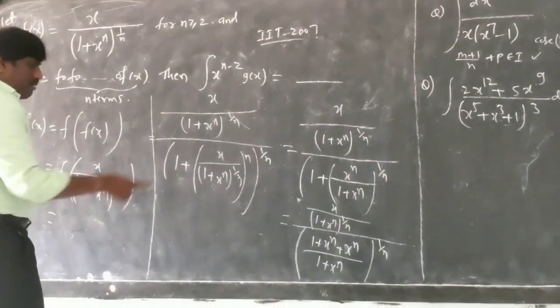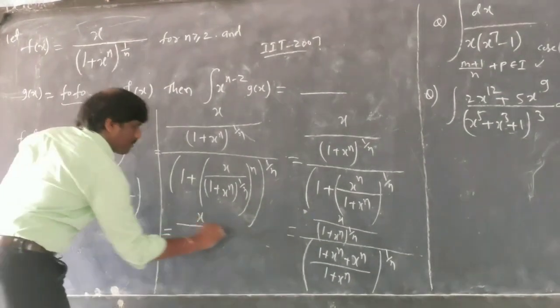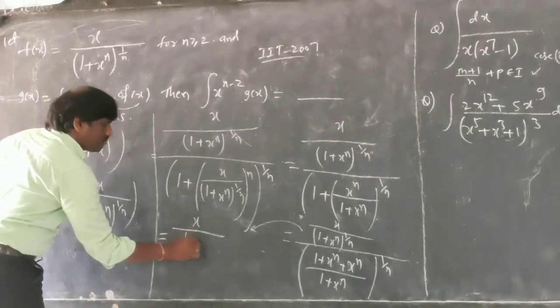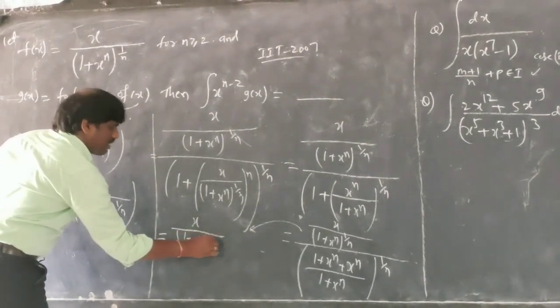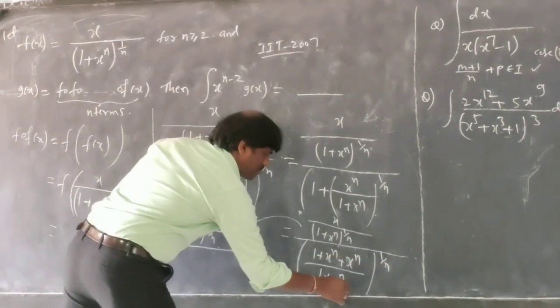So finally, writing this step here, x upon (1 plus x power n) whole power 1 by n divided by this, with the power 1 by n separate to this and separate to this.